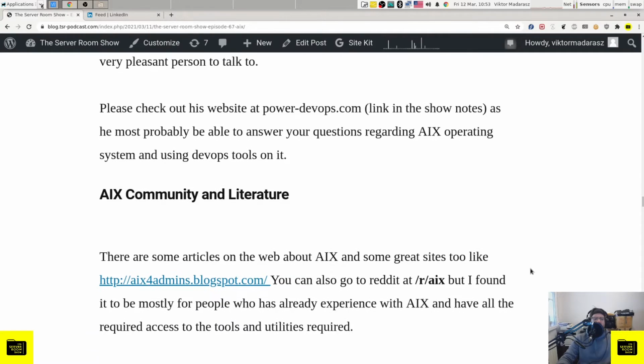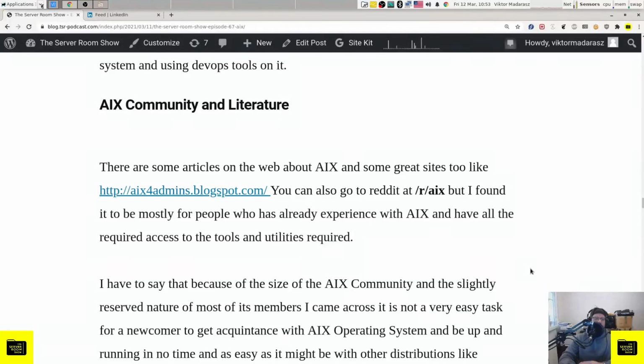The AIX community and literature. There are some articles on the web about AIX and some blogs and some quite good and great sites, but not as many as I mentioned about Linux, most probably because of the size of the community, which is much smaller, so the content created around AIX is also less.